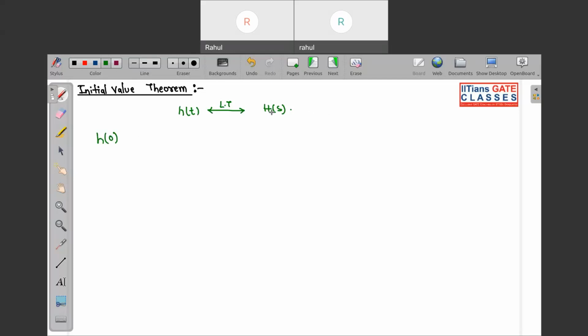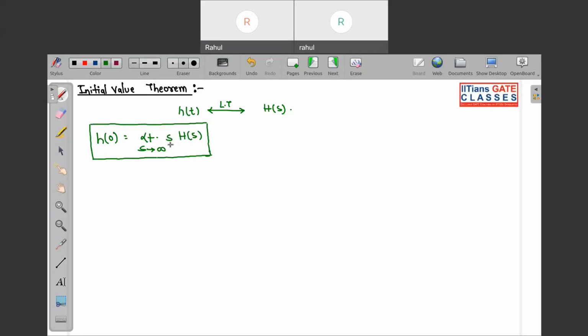Now if I directly want to find h of 0 using this transfer function, how can I do it? We can do it with the help of the initial value theorem. That will be equal to the limit as s tends to infinity of s H of s. So this is your initial value theorem.